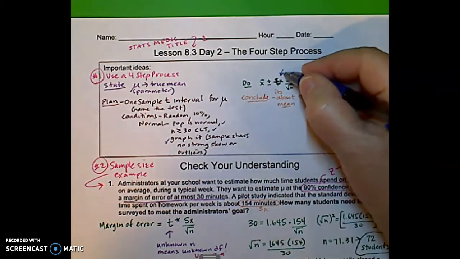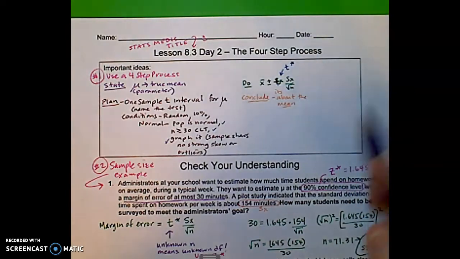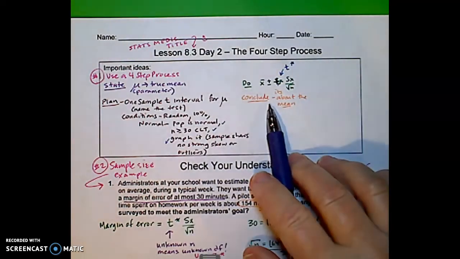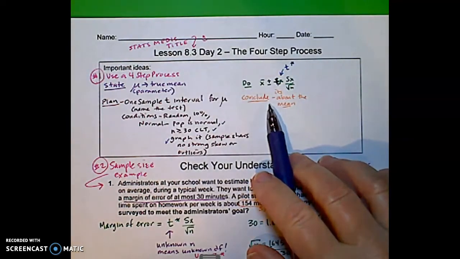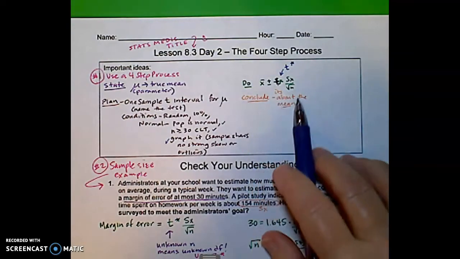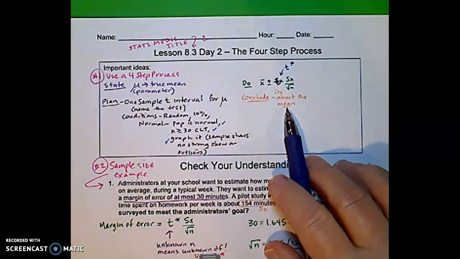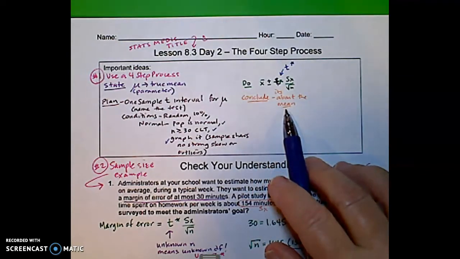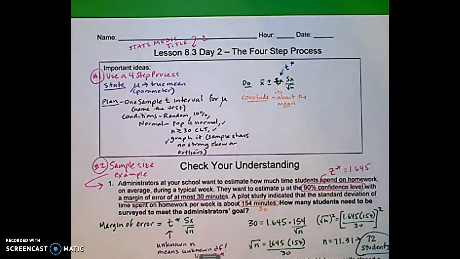That's supposed to be t star. Kind of messed it up. And then we conclude, make a statement that includes the confidence interval and the confidence level and language that indicates it's about the mean value. Okay, so that concludes it.